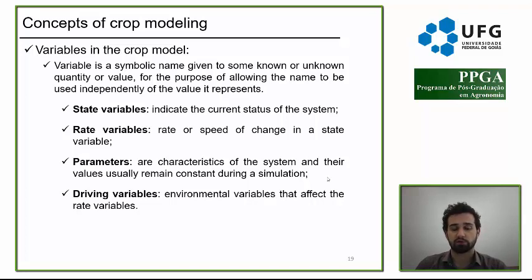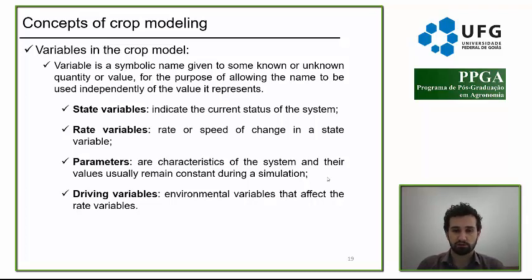And you also have the driving variables, which are environmental variables that can affect the rate variables. For example, air temperature, rainfall, and solar radiation are variables that are outside of the system and are affecting the components inside of the system.